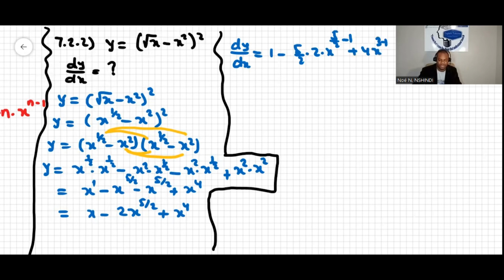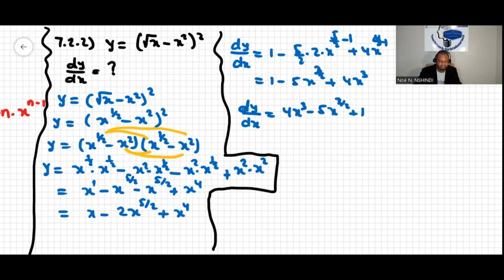This is equal to 1 minus 5x to the power of 3 over 2 plus 4x to the power of 3. So dy/dx is 4x cubed minus 5x to the 3 over 2 plus 1. Well, that's the derivative of this function. Thank you.